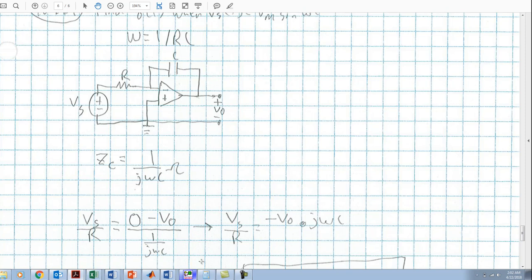And so now if we go ahead and rearrange some of our terms, what we get is Vs over R is equal to negative V naught, and because this is divided by a 1 over j omega c, we can just multiply by j omega c right there.